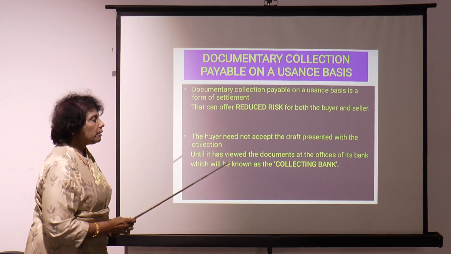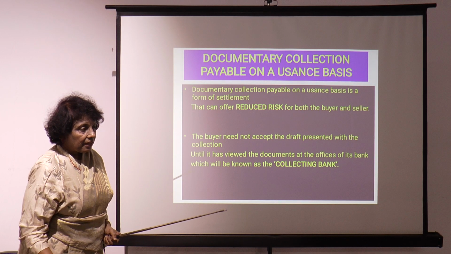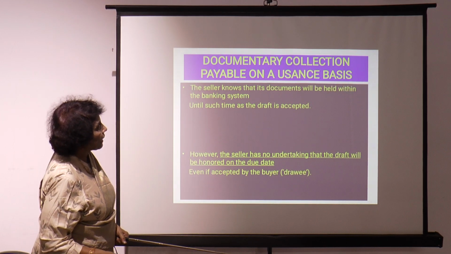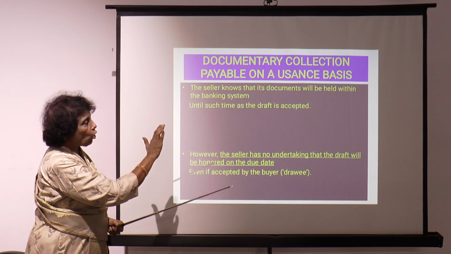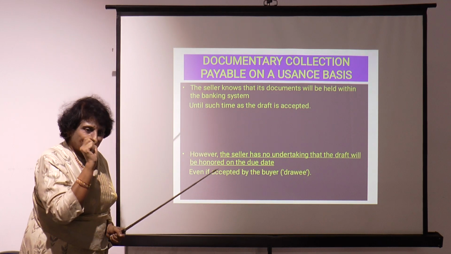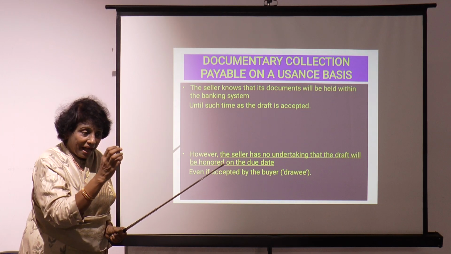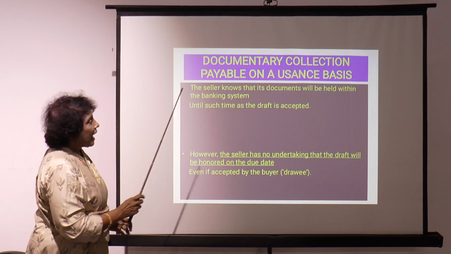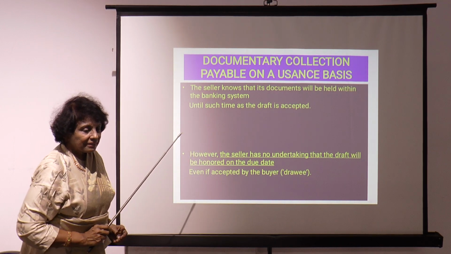So the seller knows that his documents will be held there with the banking system. So there is some reduced risk to the seller that the shipping documents will be held with the banking system until such time as the draft is accepted.